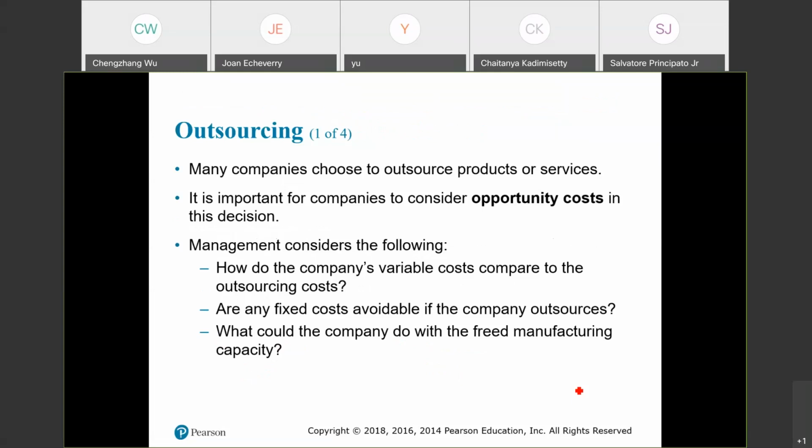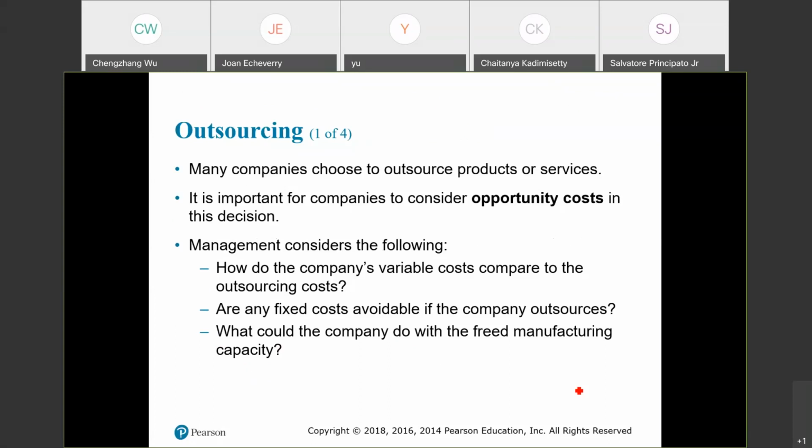So, in deciding whether to outsource, managers must assess fixed and variable costs separately. Some of the questions that the manager must consider include: 1.